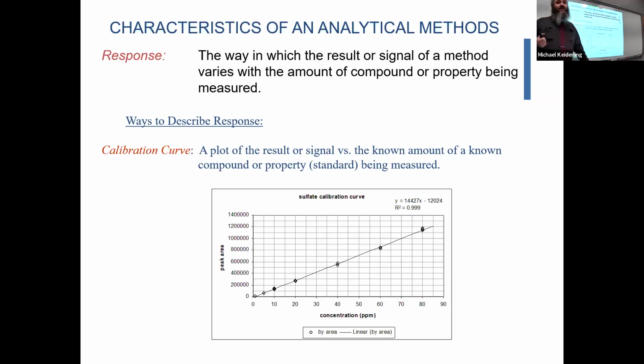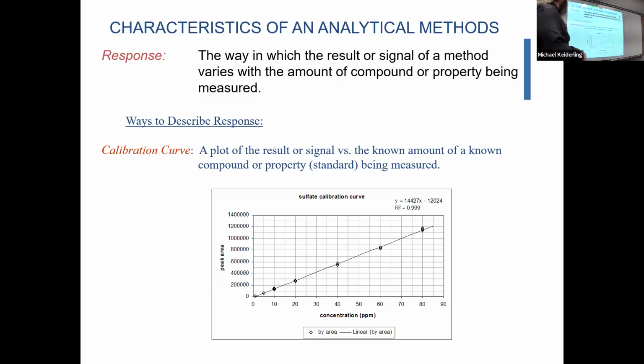It is usually linear for a lot of the techniques we're going to be doing, specifically for absorption. There's something called Beer's law, which is that if you measure absorptance, the absorptance is linear in concentration.